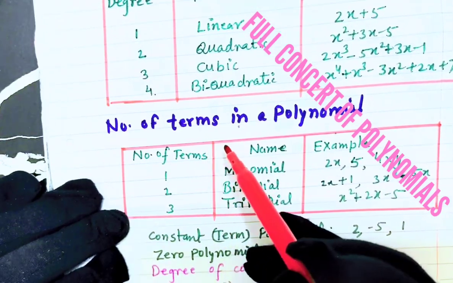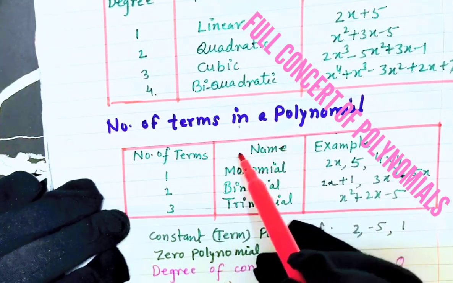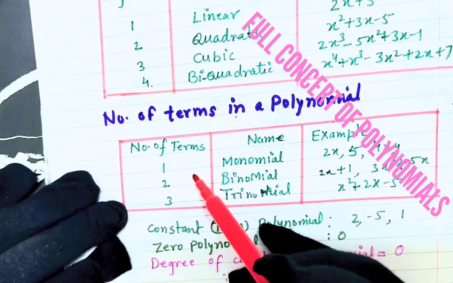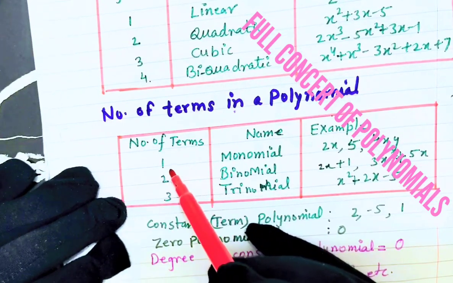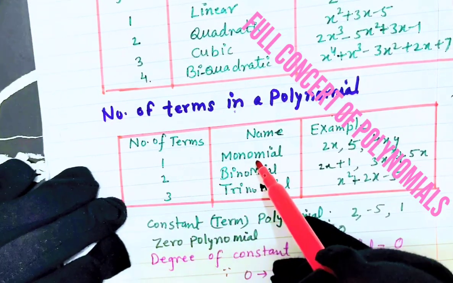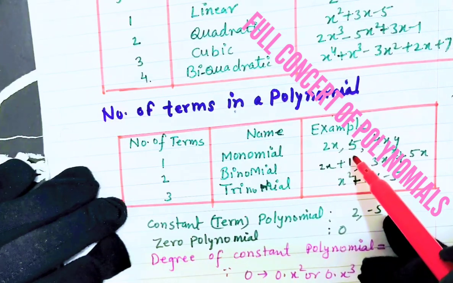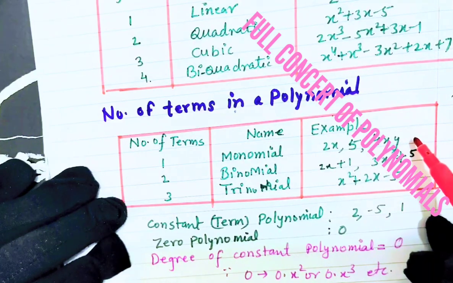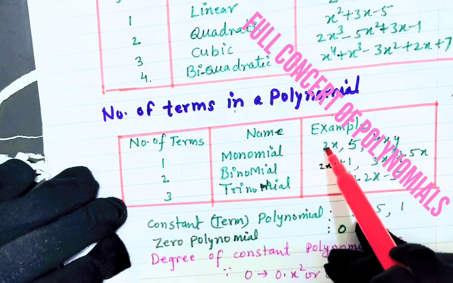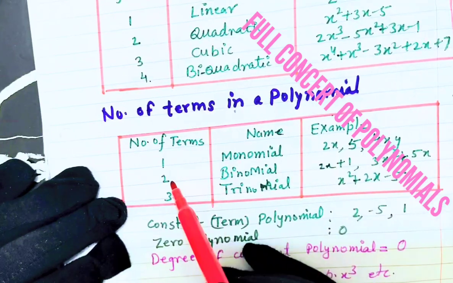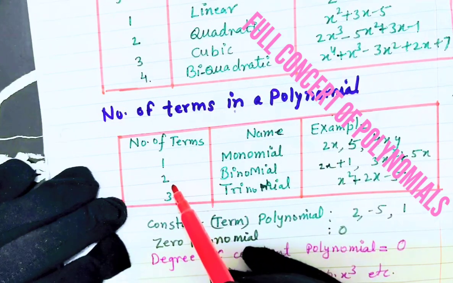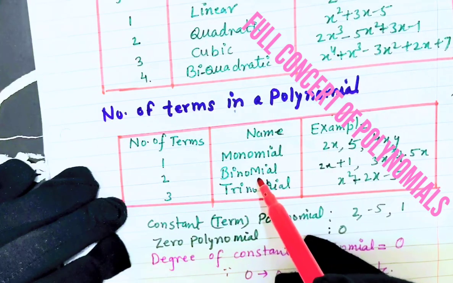Now the number of terms in the polynomial, guys. If there is one term in the polynomial, it is called a monomial, like 2x, 5, 4xy, minus 3x, etc. So it has one term in each. Number 2: if the number of terms is 2, it is called a binomial.